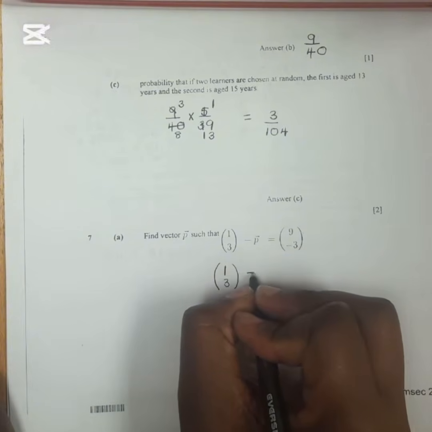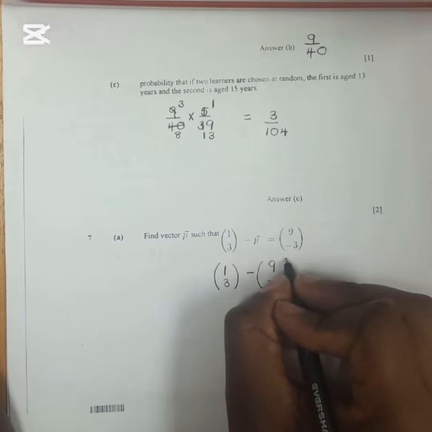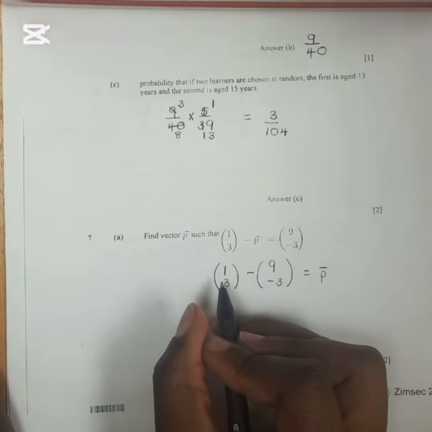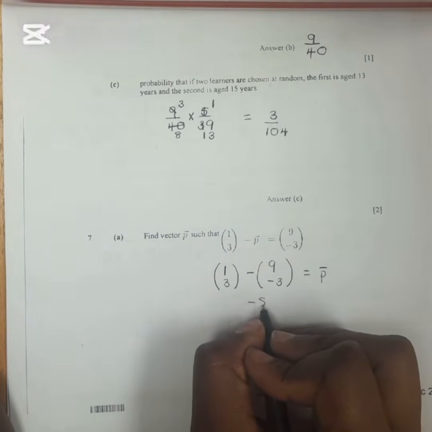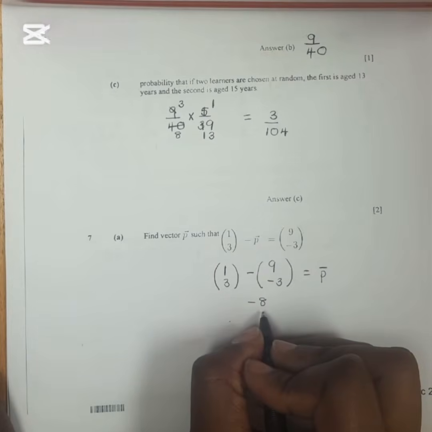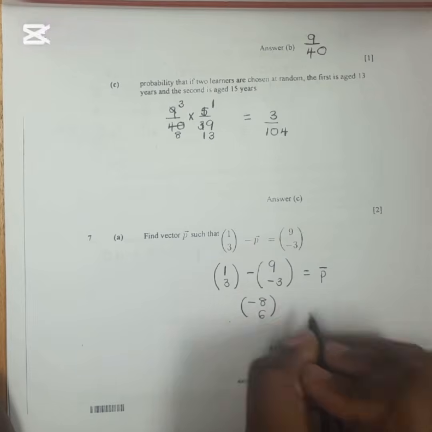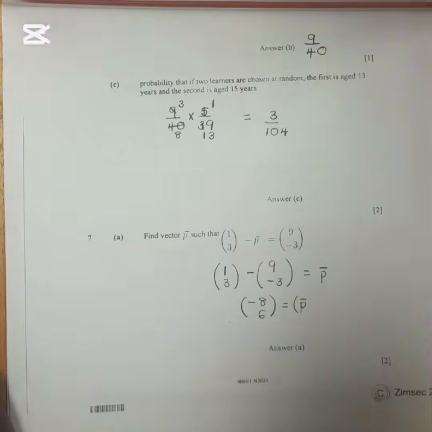And then we need to subtract 9 and minus 3 here in order to get our vector p. And then we say 1 minus 9, we are going to get minus 8. And then 3 minus minus 3, we are going to get 6. So it means that vector p is equal to minus 8, 6.